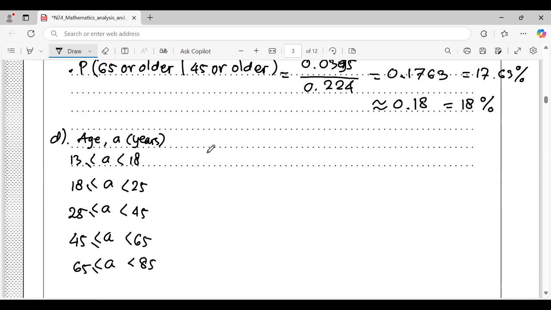And the midpoints: 15.5, 21.5, 35, 55, and this one 75. That's the midpoint.